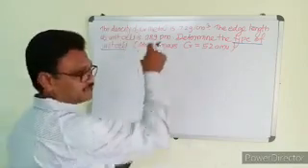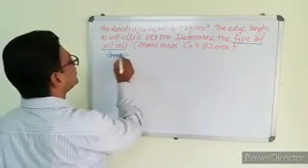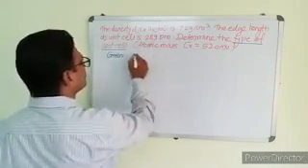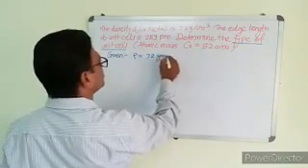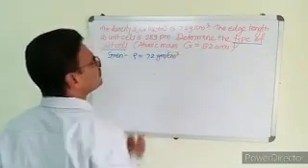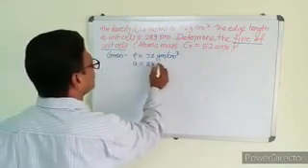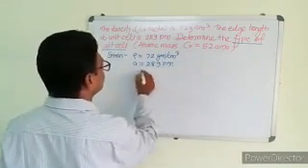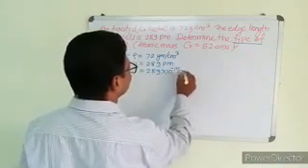So while reading the second time we have to write what is given. The density of chromium metal is 7.2 gram per centimeter cube. The edge length of the unit cell A is equal to 289 picometer, and that you have to convert to 289 into 10 to the power minus 10 centimeter.